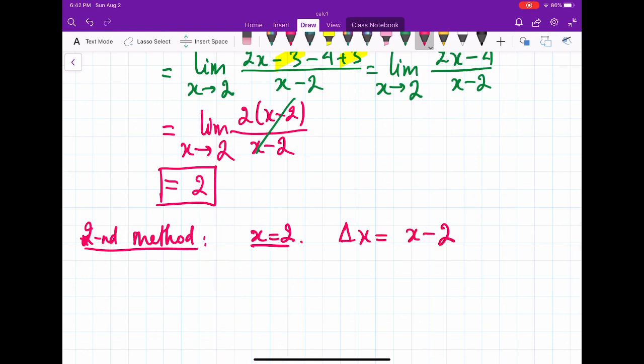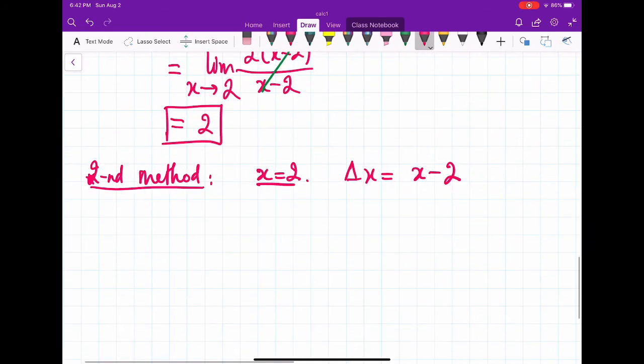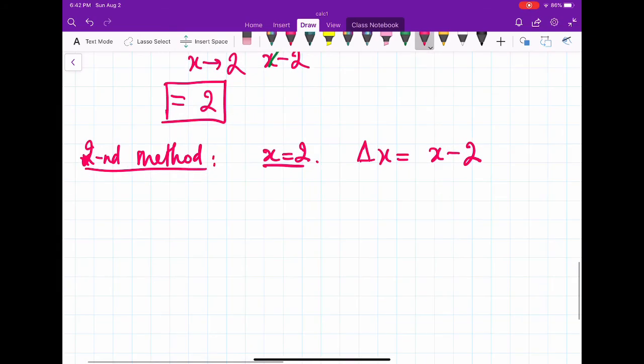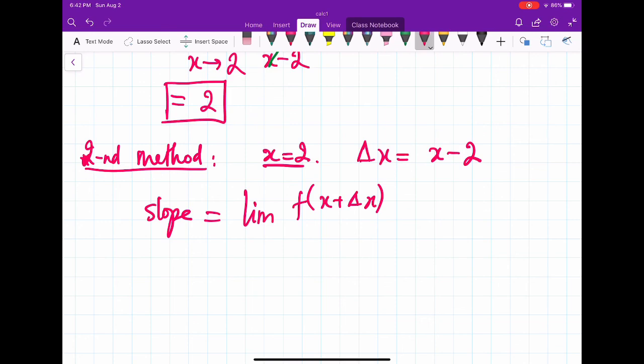Then the slope is equal to the limit of f of x plus delta x, or in this case, not x plus delta x, but 2 plus delta x, minus f of 2, divided by delta x when delta x approaches 0.